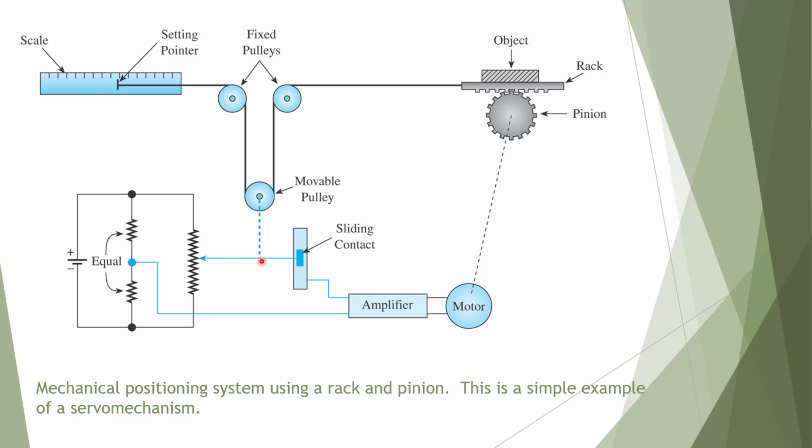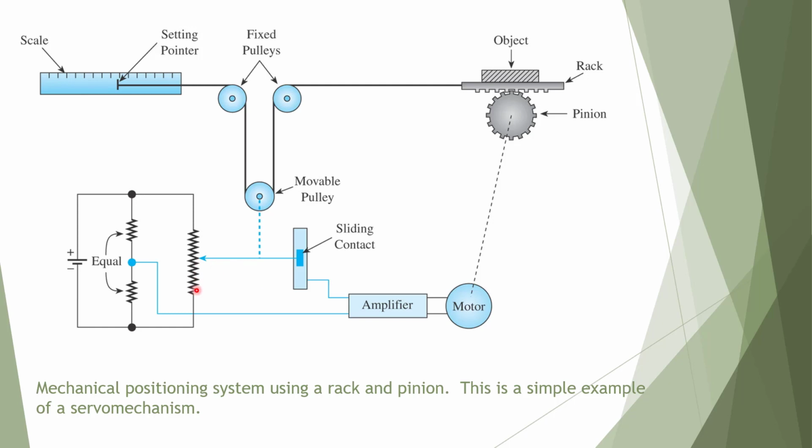And as it moves up, that causes a voltage to occur on this amplifier. It causes this motor to run a certain direction. Here's one side of this voltage. Here's a voltage here. If this voltage is greater than this voltage, it'll run one direction.